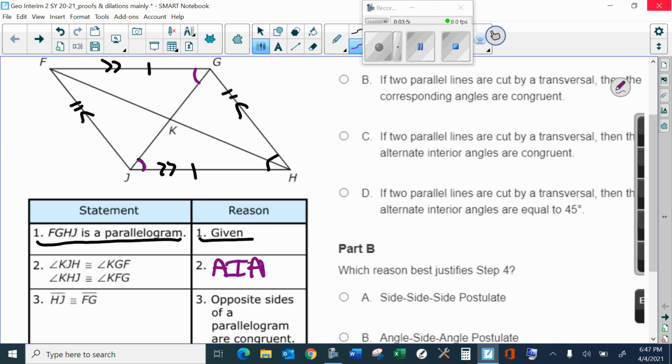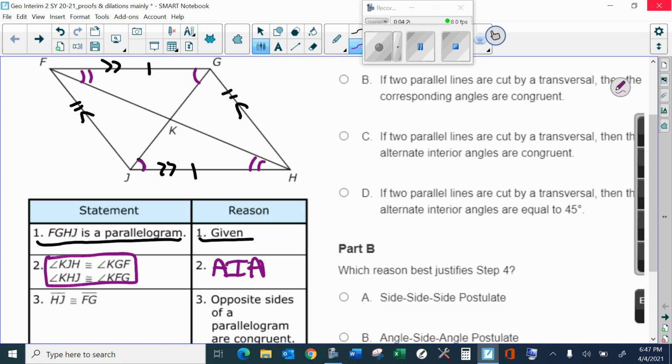And then here we have the next one I fill in, KHJ. This one is congruent to KFG. This one, again, alternate interior angles. That's why they have them both in the same step, because their justification is exactly the same, AIA.